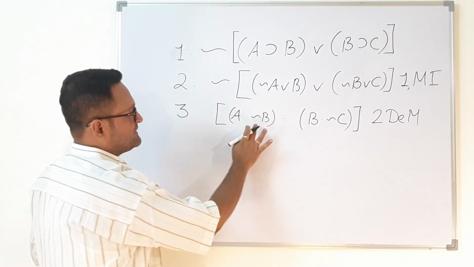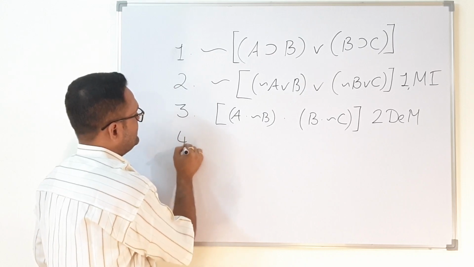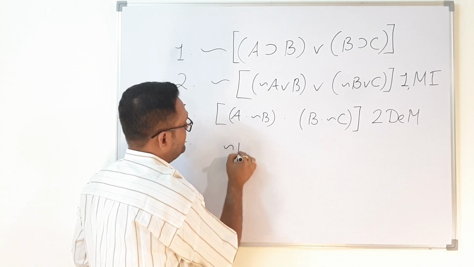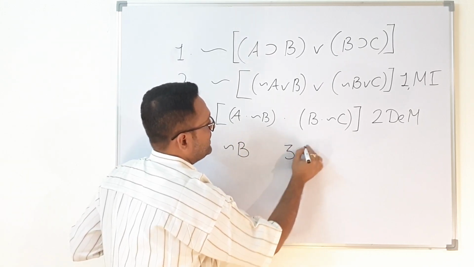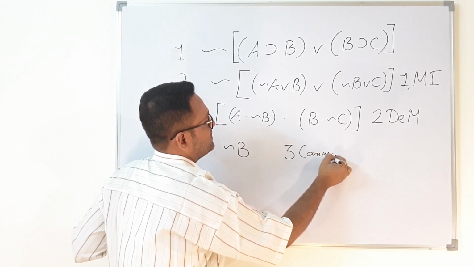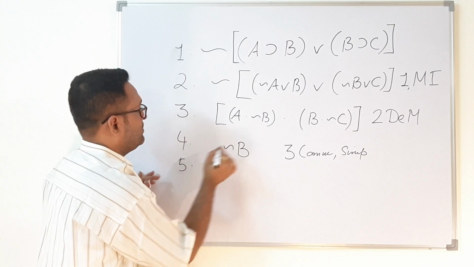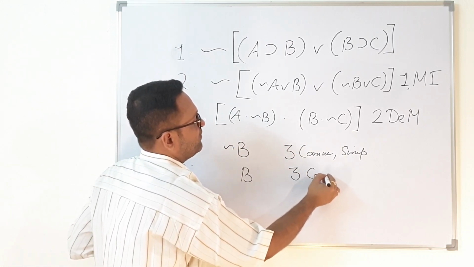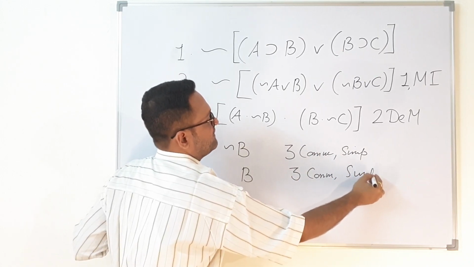Fine. Now you can see that negation B is there, and all are conjunctions, so you can very easily take it out. You can take out negation B from here by writing on 3 commutation, simplification, and you can also take out B from here by writing the same thing, because you have to commute maybe twice, thrice, does not matter, and then you have to simplify.